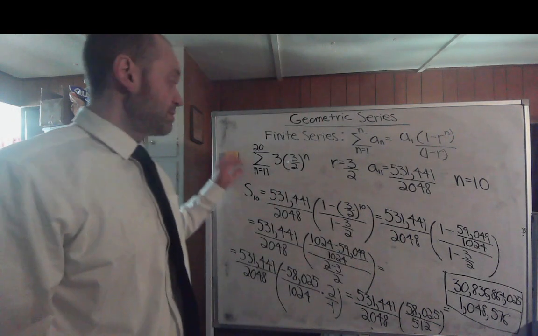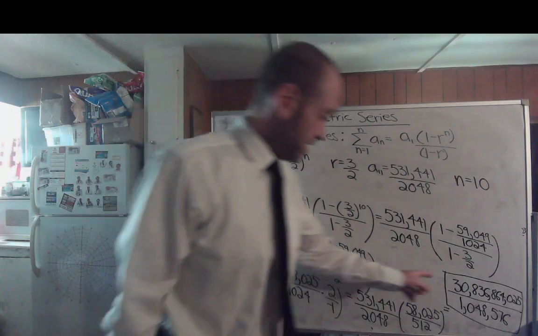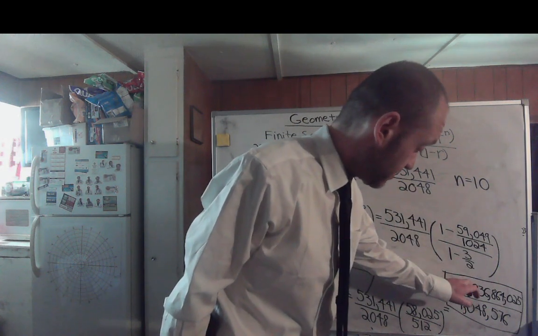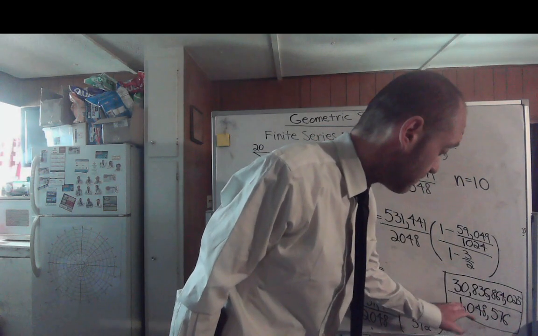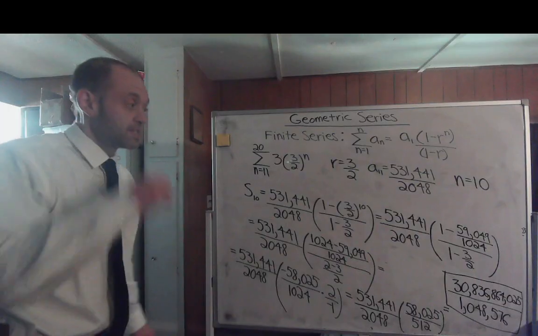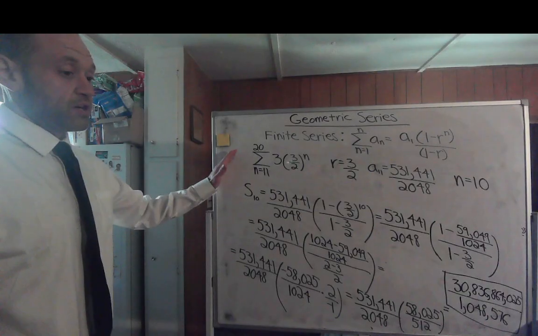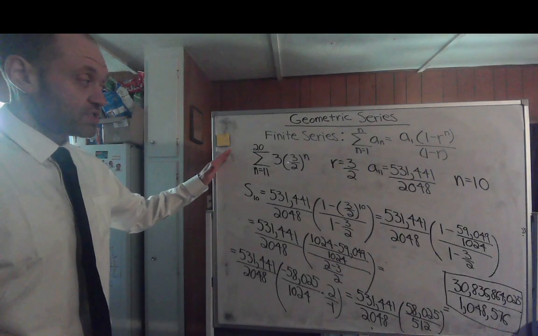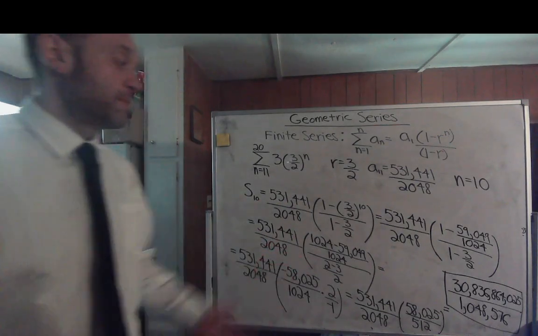So the sum of the 11th through the 20th term is going to be 30,836,864,025 all over 1,048,576. So that's how you take a finite series in the middle of the series, so to say, not just starting at the first term. This shows you could really take it anywhere.